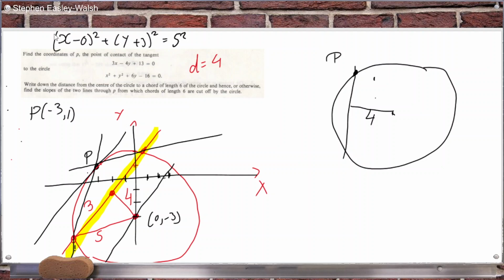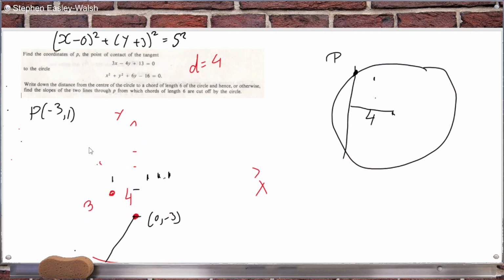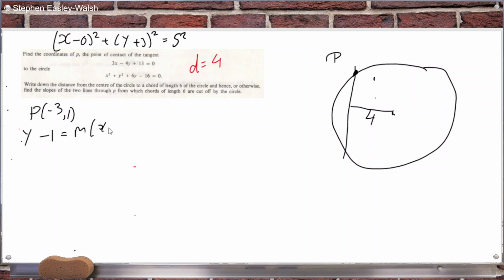So let's do that. Make sure the perpendicular distance is 4 from the center of the circle to the line, and make sure it passes through P. So the equation of this line would be y minus y1 equals m times x minus x1. That's y minus 1 equals mx plus 3m.